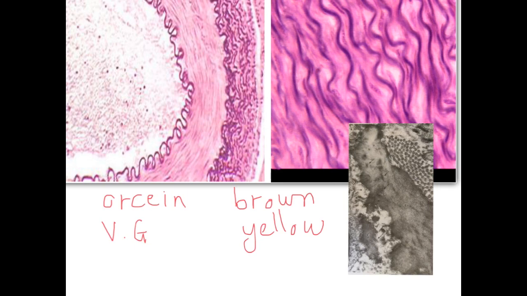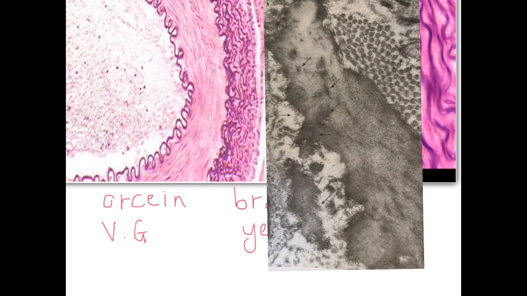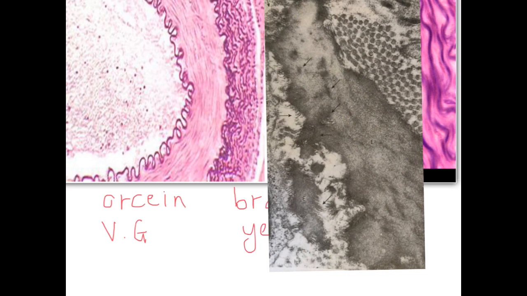As regards the electron microscope picture, the elastic fibers here are formed of an amorphous core, meaning without a distinct shape, an amorphous core of the protein elastin, and it is covered by glycoproteins in the form of microfibrils.